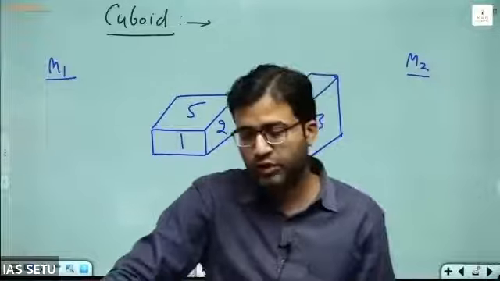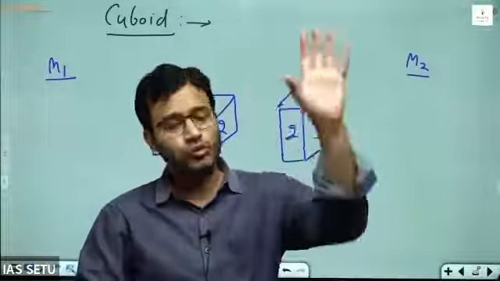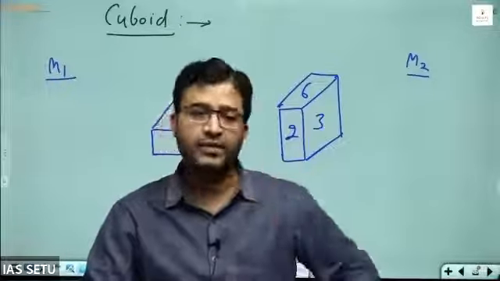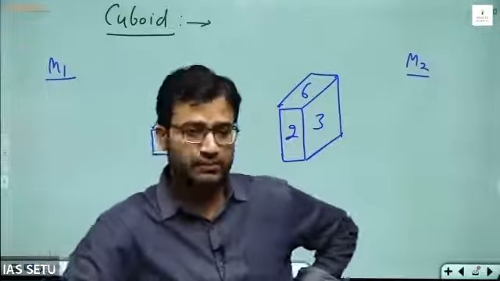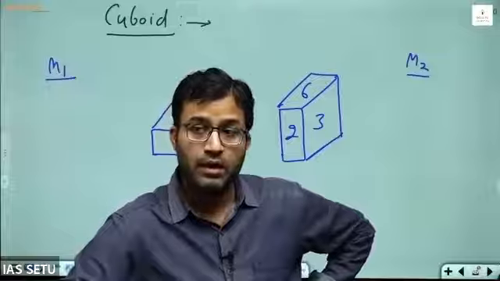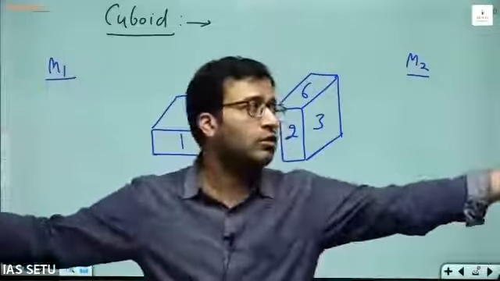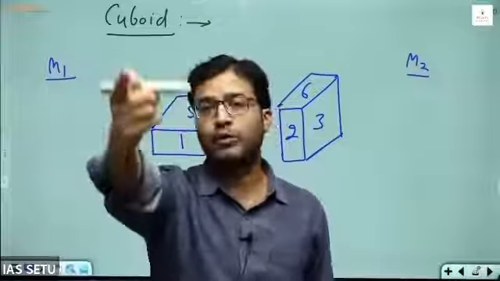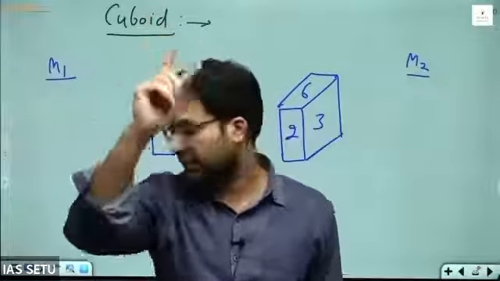If you check the roof and floor, the roof and floor have exactly the same area. This wall and this wall have exactly the same area, and this wall and the wall opposite to it also have exactly the same area.